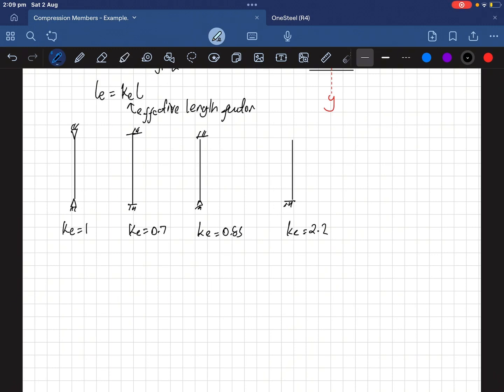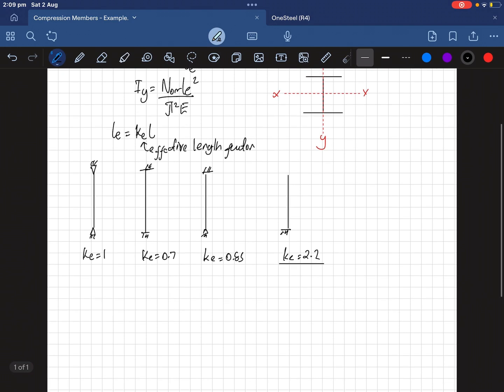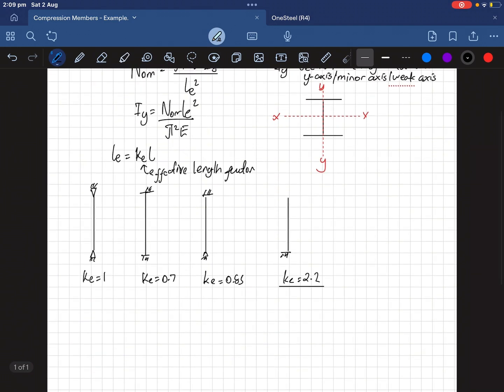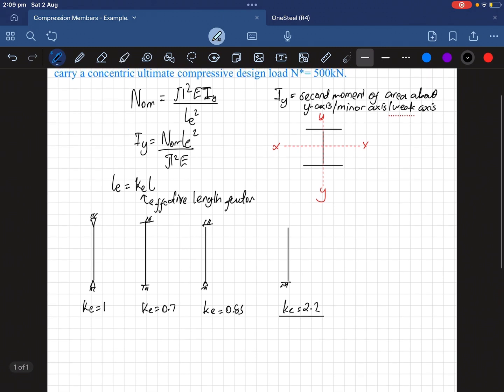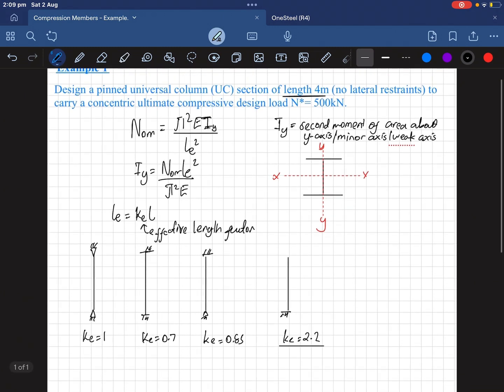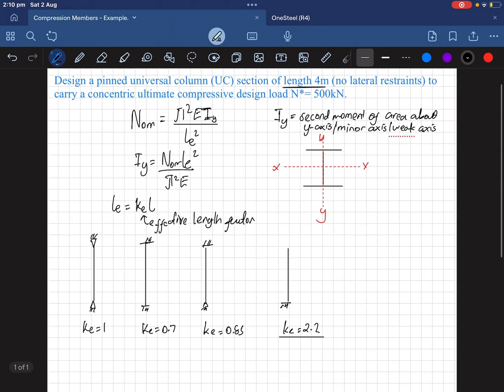So the effective length factor here is highest, 2.2, which is going to increase your effective length. Your effective length will be basically 2.2 times the length of your member. So in this example, it would be 8.8, right?